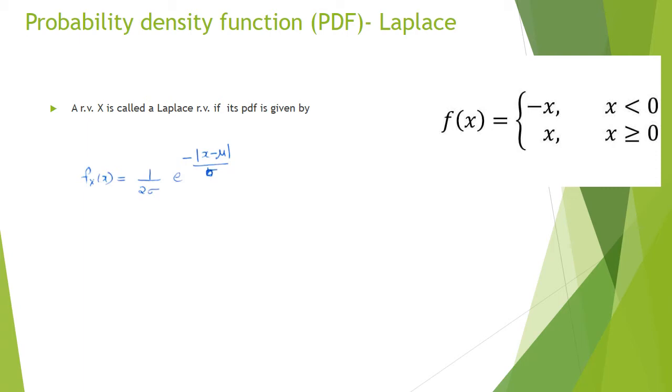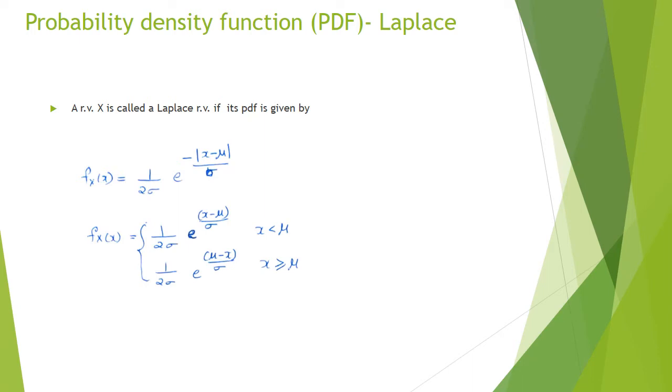So the function is piecewise like this: when x is less than mu, as well as when x is greater than or equal to mu. When x is less than mu, minus mod (x minus mu) will be minus of minus (x minus mu). So minus minus cancels, it will be (x minus mu) divided by sigma.